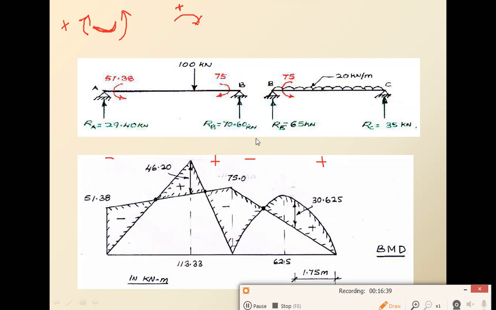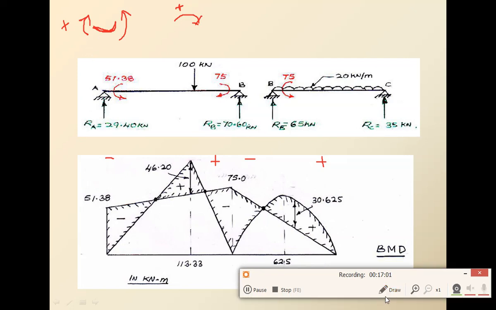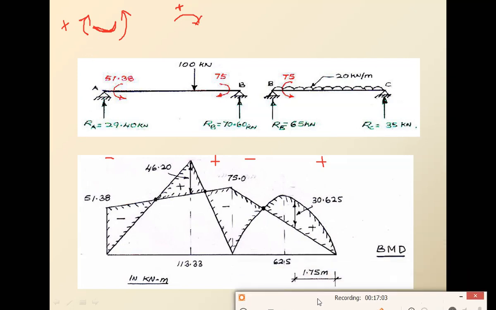Usually above the datum we will mark positive values, but in this case at the left hand side negative values should be marked above the datum. At the right hand side positive values should be marked above the datum. Why? Because we are following different sign conventions in the bending moment as well as the joint moment.